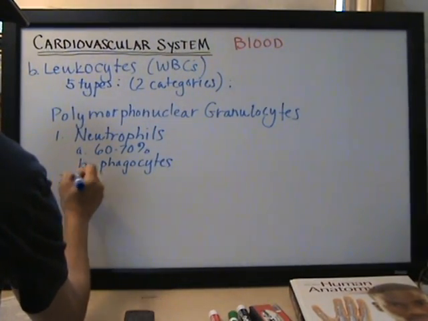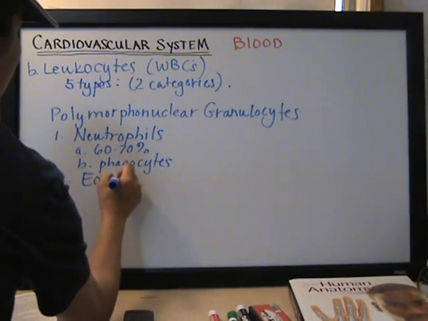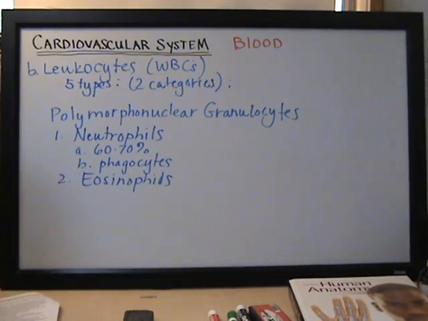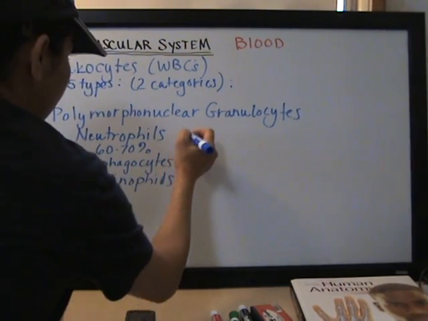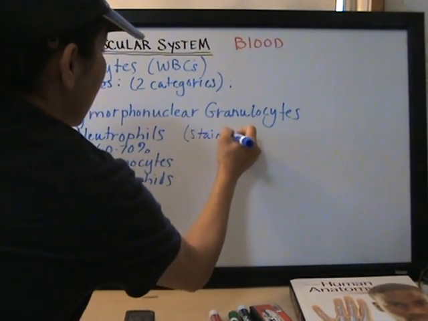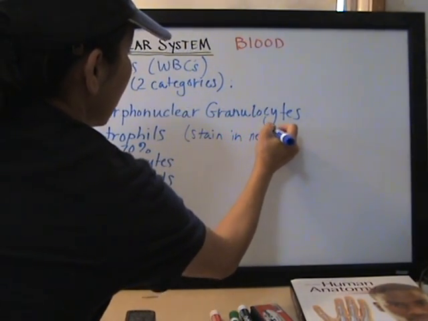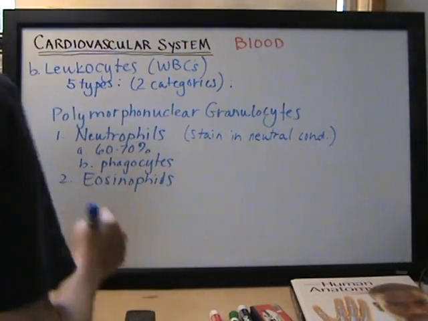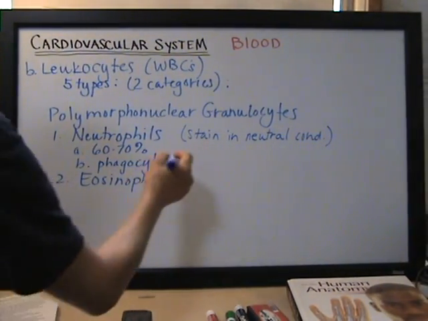The second type are called eosinophils. Where do you get the term neutrophils? It's because they stain in neutral conditions. The granules stain in neutral conditions.